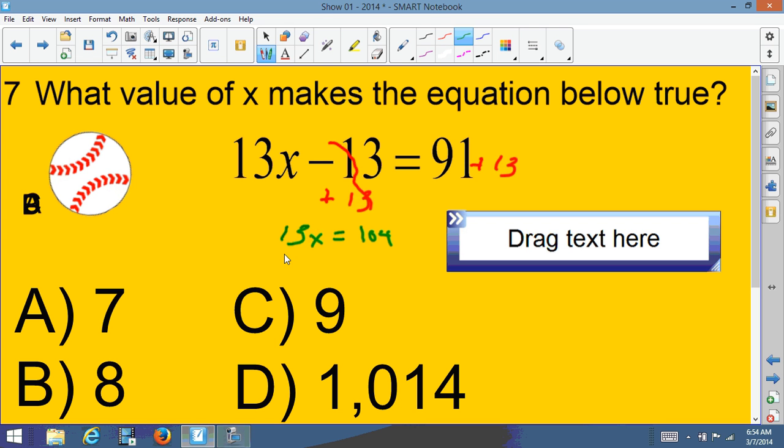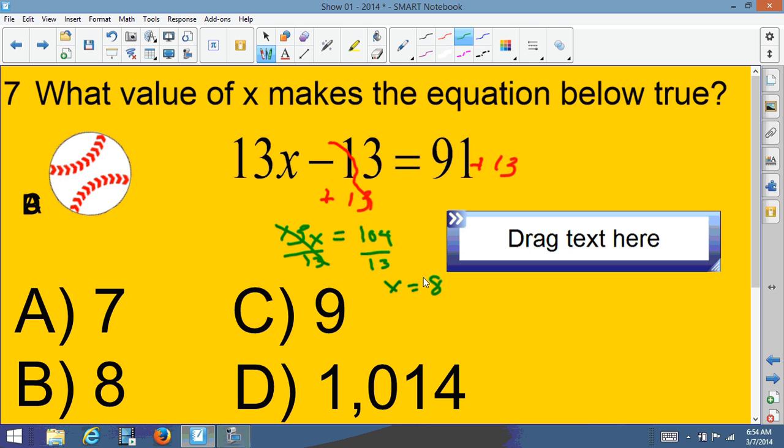If I'm good at my multiplication tables, I can again guess and check, but here's a shorter way. If I divide both sides by 13, the 13s will cancel out, and I'll be left with the value of x. Now all I have to do is divide 104 by 13, and I'll get my answer, which should be 8.